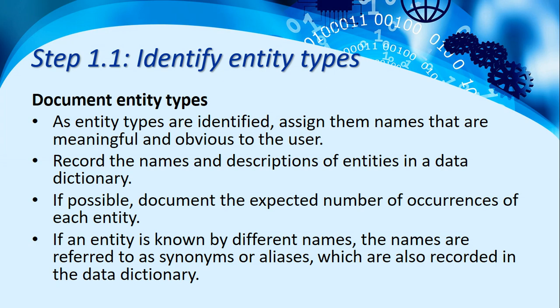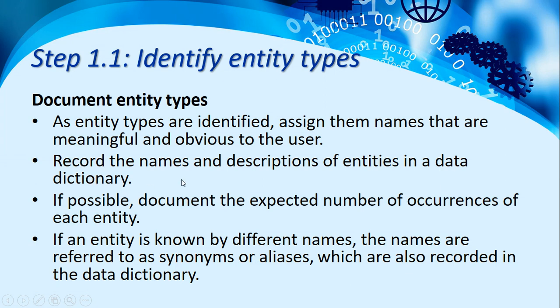These names are referred to as synonyms or aliases. Those aliases should also be recorded in the data dictionary. Just to recap, the names and descriptions of the entities, the expected number of occurrences of each entity, as well as the alias of that entity, you're going to document into a data dictionary.